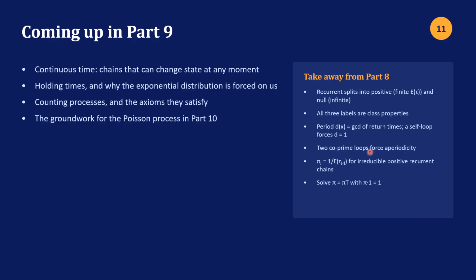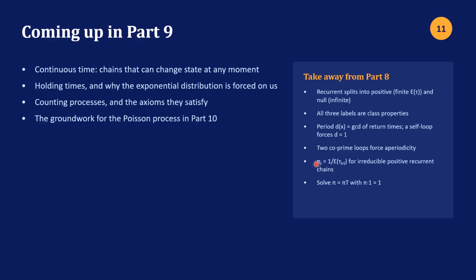So we saw that we had an example where one loop had a period of 3, and another loop in the same communication class was of size 8, and so the GCD turned out to be 1.